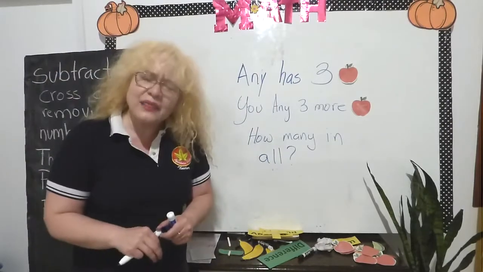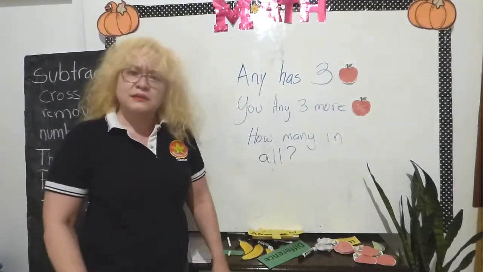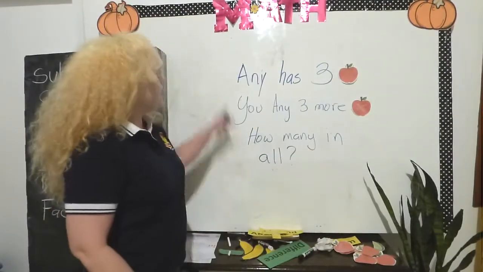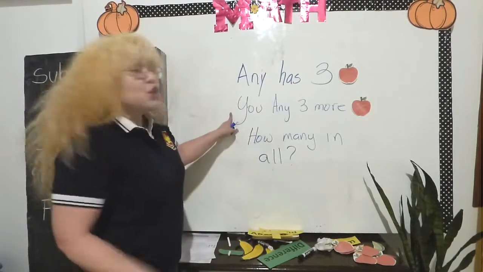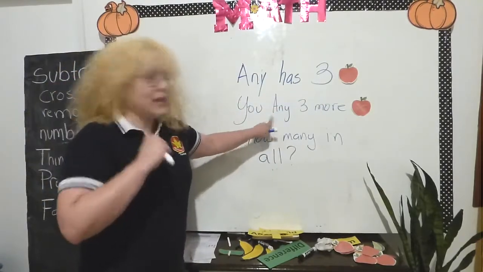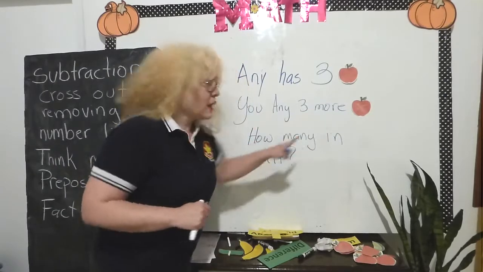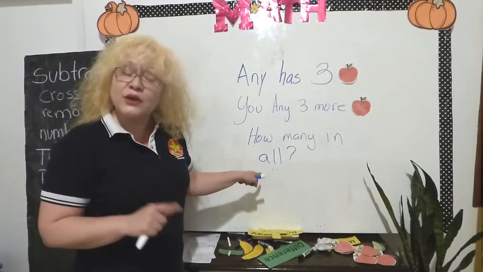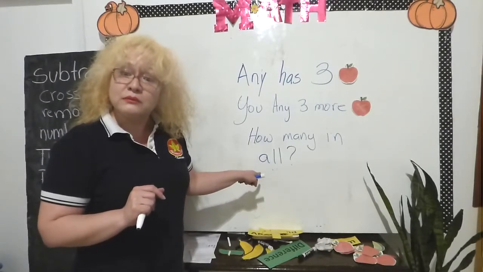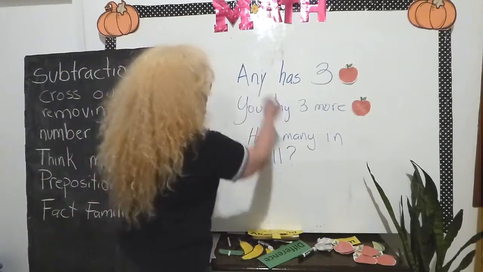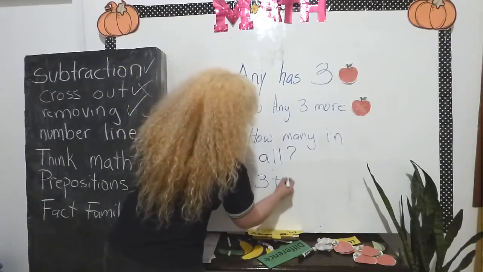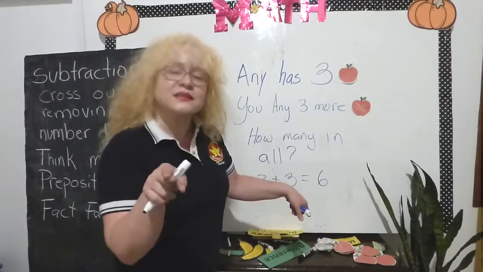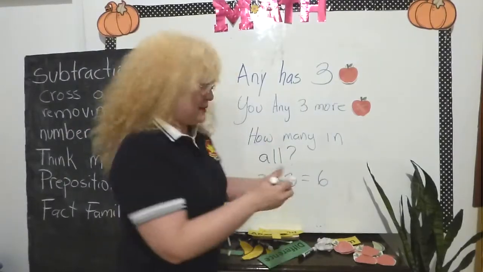Do I have to add or do I have to subtract? I have to put together the apples or I have to take away some. Annie has 3. You give Annie 3 more. How many in all? Yes, you have to add 3. The equation is 3 plus 3 equals 6. Now Annie has 6 apples. Get it? Okay.